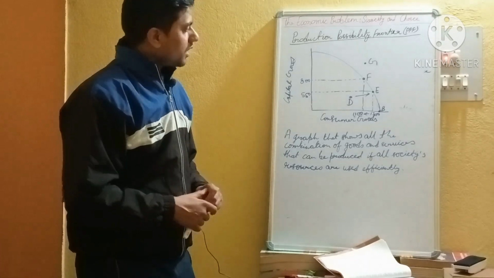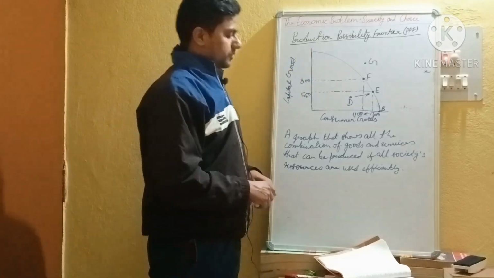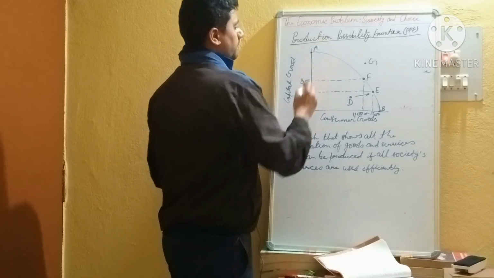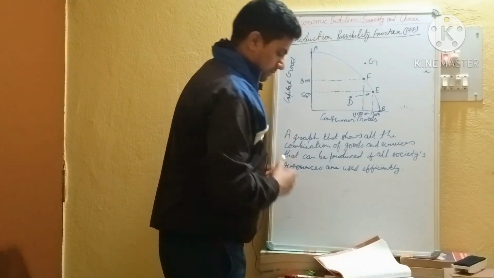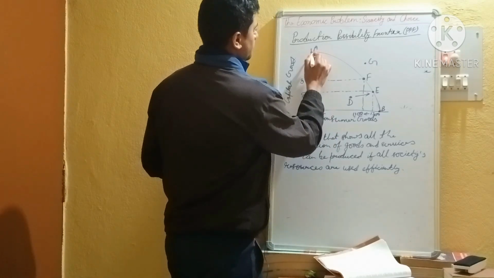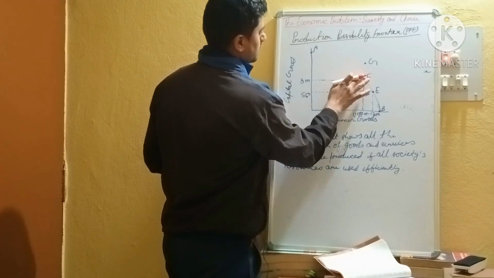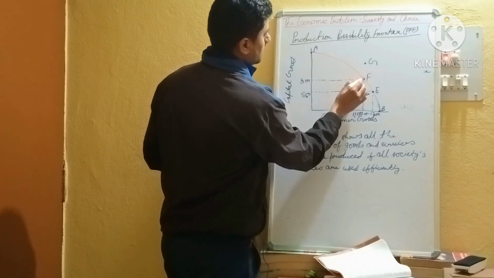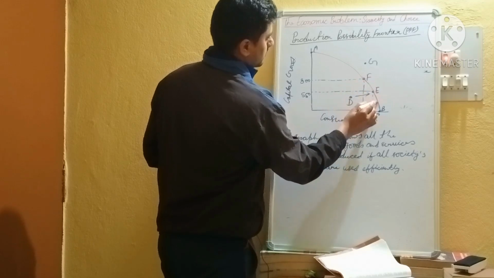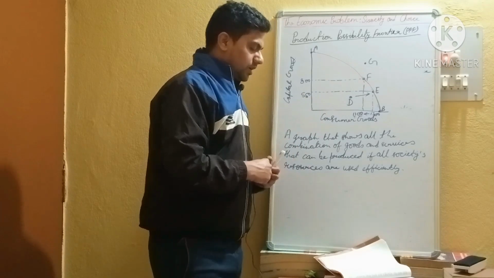Now, this here is the production possibility frontier. If I use red color then it will be better. Whatever you are able to see here is the graph.